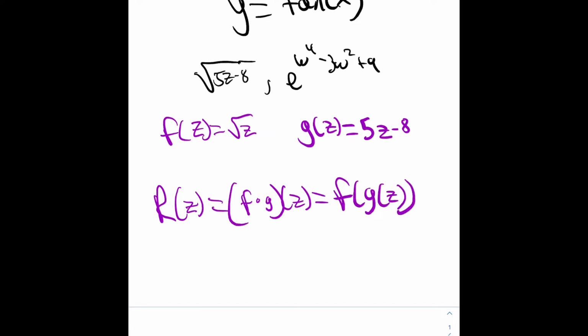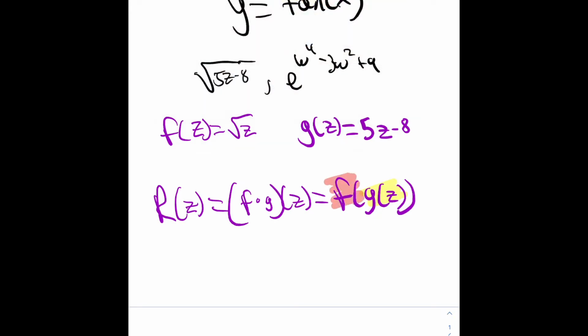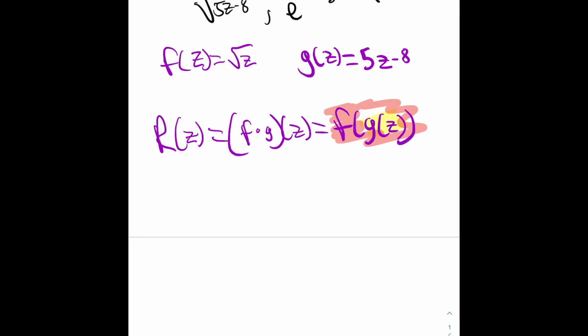So we use the chain rule when we have a function inside of another function. If I took my f of z and g of z and used this composition, I'm going to be left with the square root of 5z minus 8.